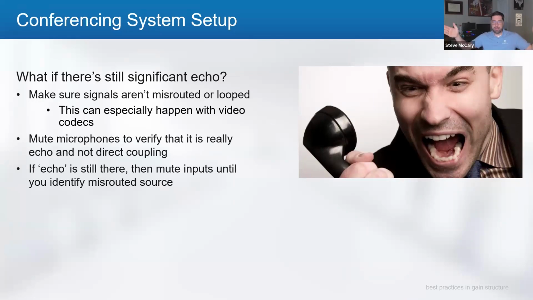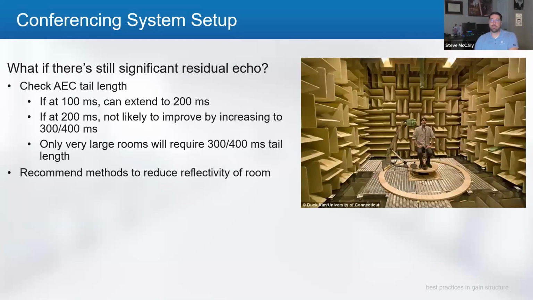If you have two mics in a room that are pretty close to each other and you do not set up your gating auto mixer properly, you can actually get coupling, where the sound gets to one microphone and then slightly later the sound gets to the next microphone, but it gets past both. And that's not actually echo, that's coupling. It may sound like echo, but it really isn't. So just make sure that you're not having issues with that.